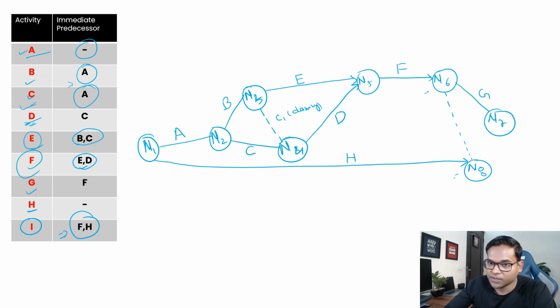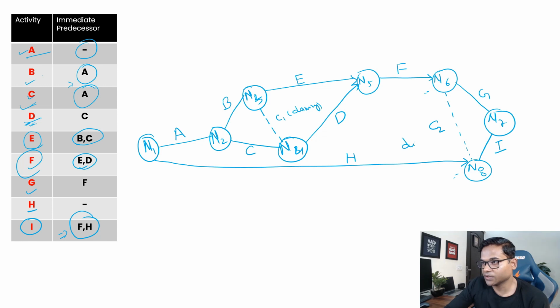From here we can start I, their succeeding activity, and then converge to node 8, and this completes our network diagram.